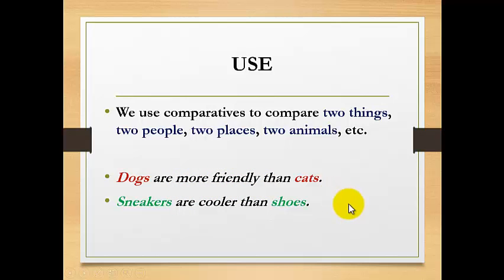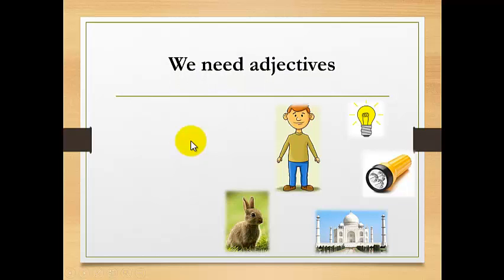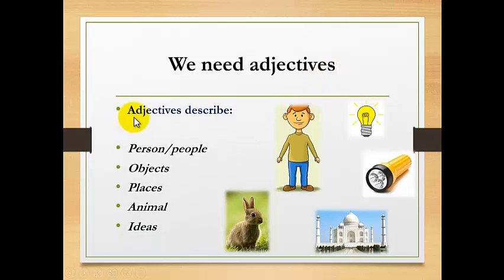But let's see carefully. When we want to use comparatives, we need adjectives. Why? Because adjectives describe a person or people. Also, they describe different objects.